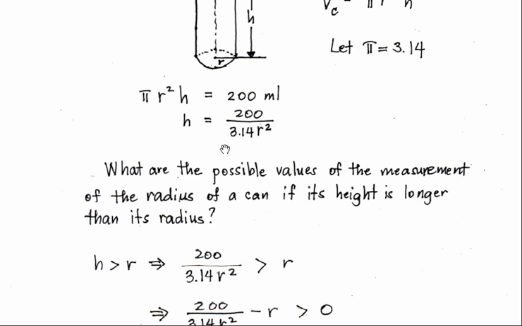equation to isolate or express h in terms of r. So in this case, isolating h, we get 200 over 3.14 r squared.